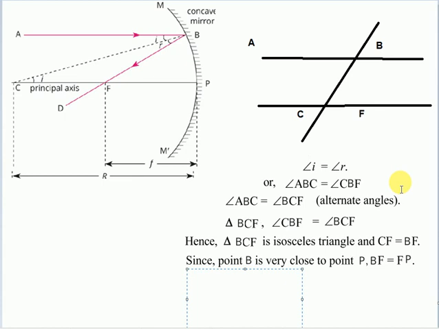As CP is radius of curvature and point F lies on CP, therefore we can write CP equals CF plus FP. As CF is equal to BF and BF is equal to FP, therefore we can say that CF is equal to FP.